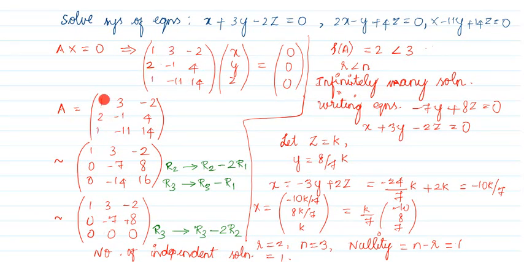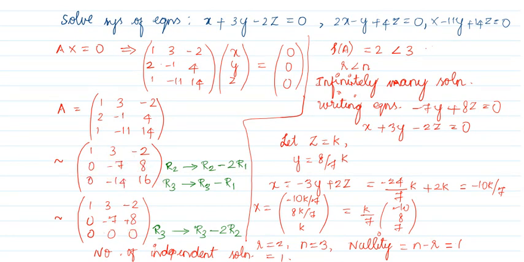See, pivot element is 1, so R2 becomes R2 minus 2R1 to make this first element 0, and R3 minus R1 will be done with it. Next for R3, R3 minus 2R2, then it has become 0, 0, 0.